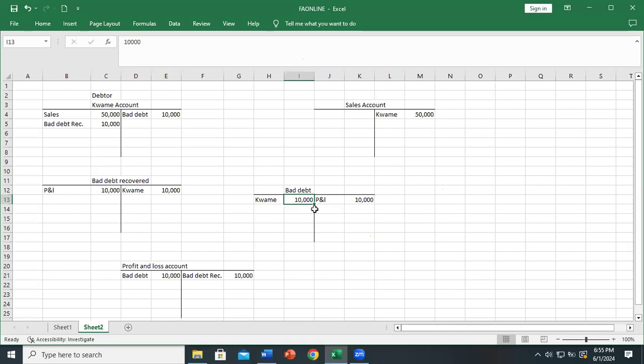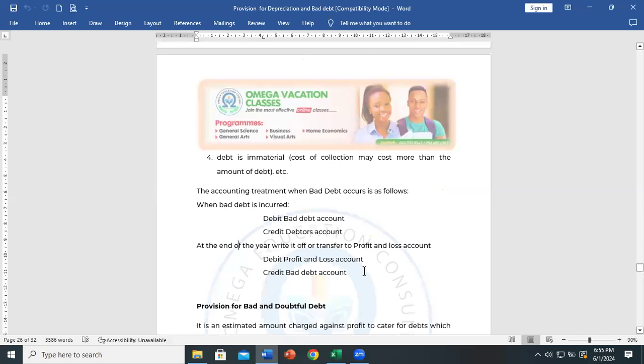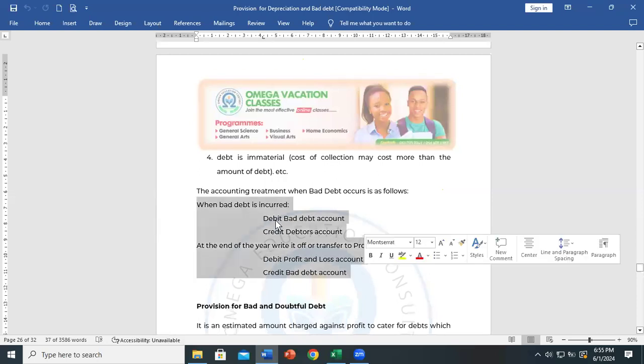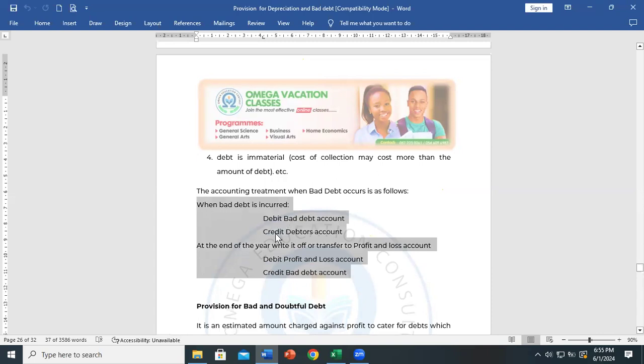Now, at the end of the year, that bad debt account should be transferred to profit and loss account. And you do that by crediting the bad debt account and debiting profit and loss account. So that is what you see here in the notes. When bad debt is incurred or occurs, debit bad debt. Now, if you want a tip to remember this, note that bad debt is an expense, and expenses have debit balance. So when bad debt occurs, debit bad debt, and then credit the debtor.